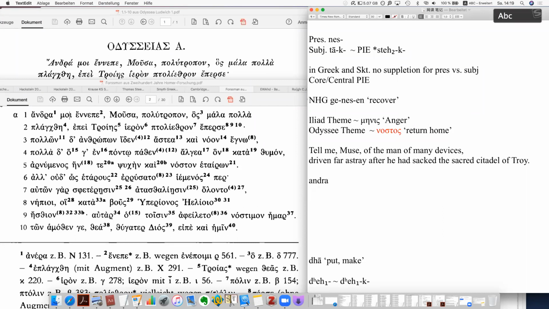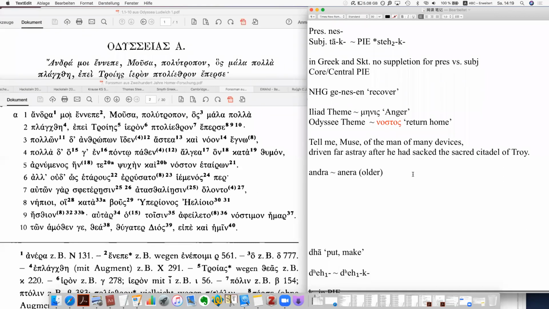The first word, andra, has a variant in another text, in the Iliad, right? You all know that. I explained last time that anera is probably the older form. Man, accusative singular, right?